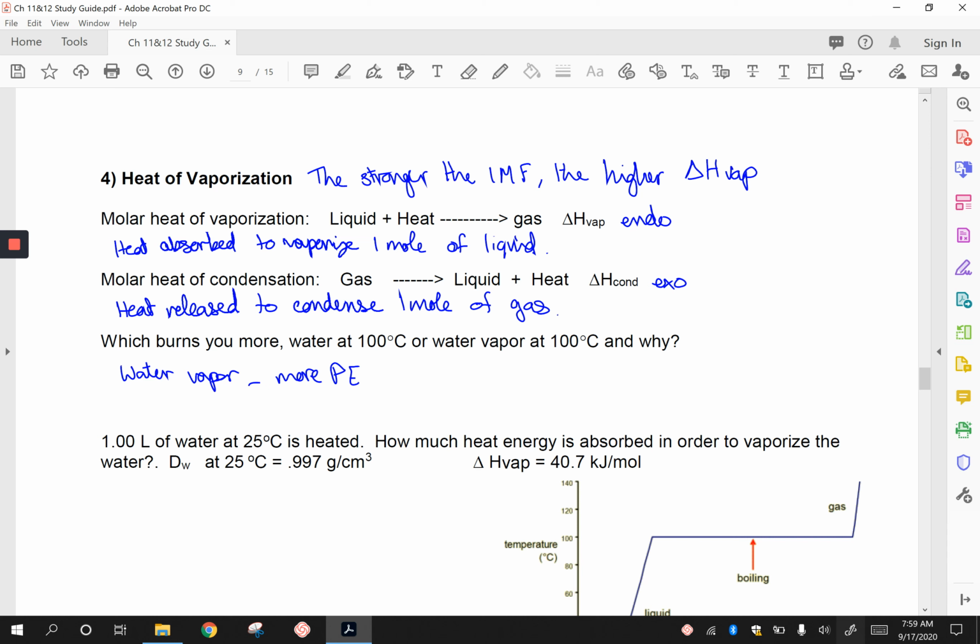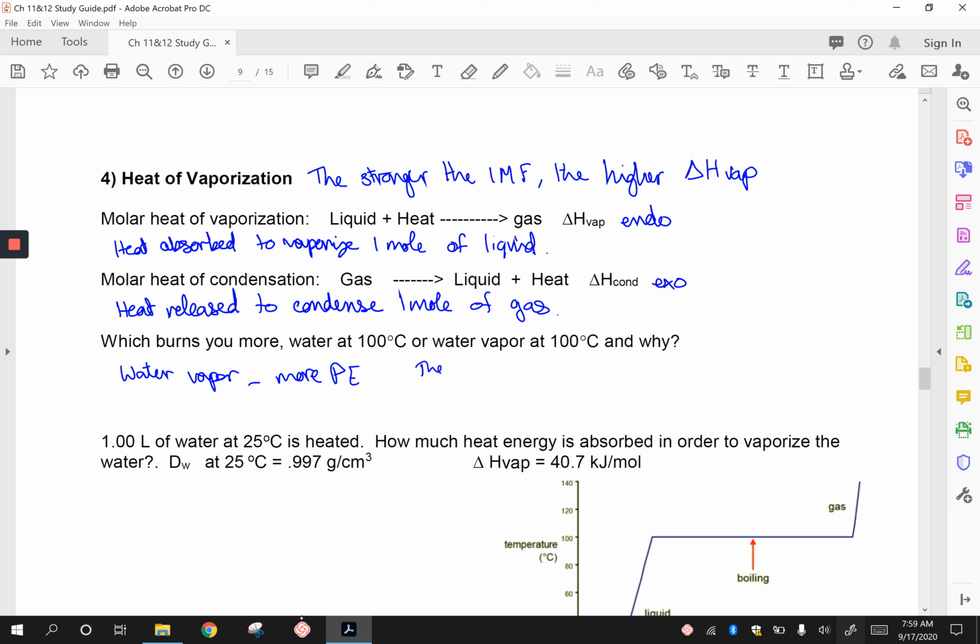Body temperature is like 37 Celsius. So because they're at a higher temperature, they're going to transfer heat to your hand. So both of them are going to burn you, but water vapor will burn you more because it's going to transfer heat to your body to cool down, to lower its temperature to match your temperature, but also because it's going to, in addition, condense as well on your body. And so when it condenses, it releases heat.